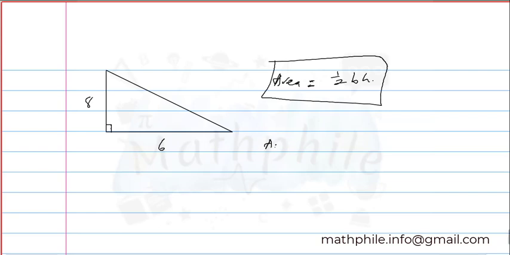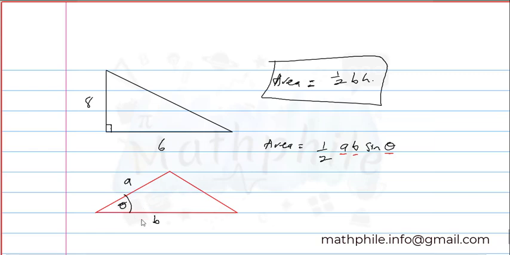Instead, the general way of finding the area of a triangle is 1 over 2 AB sine theta. I will explain. So this A and B are the sides of a triangle, and theta is the angle between side A and B. So let's say we've got a triangle this way. This is not a right angle triangle. Let's say we've got this side to be A and this side to be B, and there is an angle between A and B. This angle is theta.